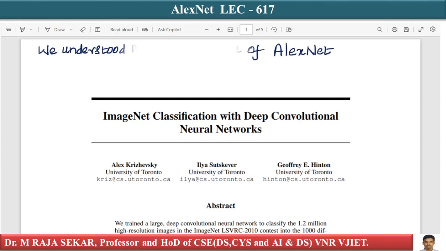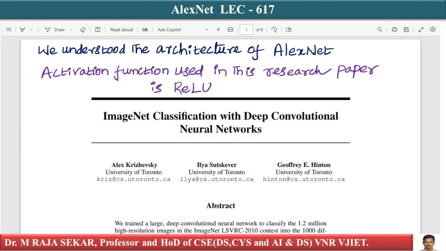We already discussed the architecture of AlexNet in our previous lecture, isn't it? The activations that were used in this research paper were ReLU. Remember, in 2012, ReLU was a very new concept.